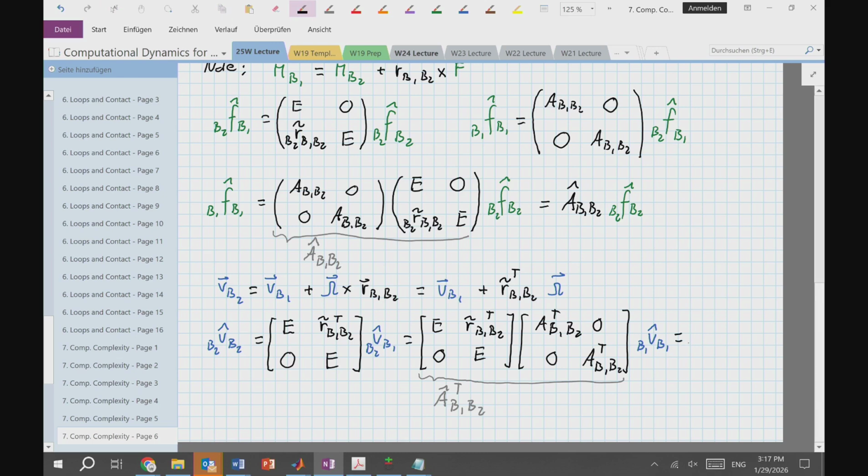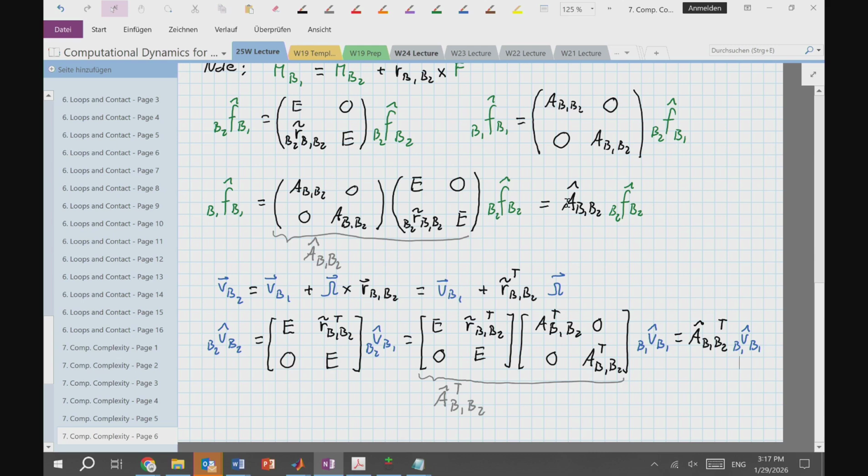So I can just write this as A, B1, B2 hat transposed times the vector with respect to point B1 and expressed in B1 coordinates. So it's kind of useful, right? That we maintain the same properties.